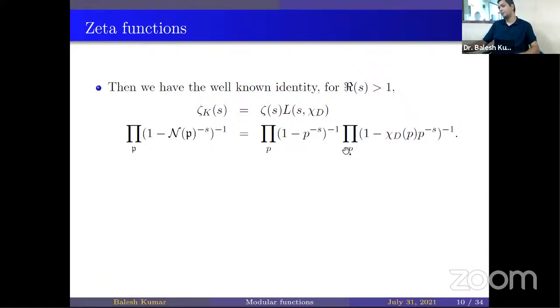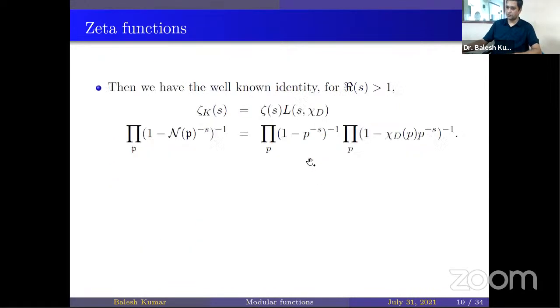If one compares the Euler factors on both sides, then one can see how the rational primes, the prime integers inside Z, decompose or sit inside the real quadratic field.